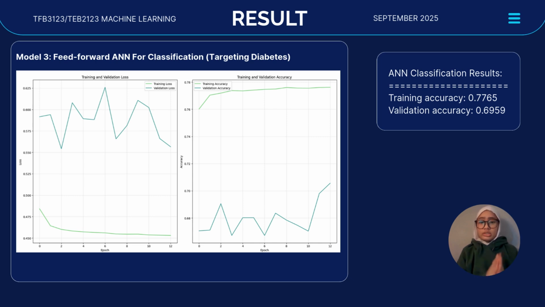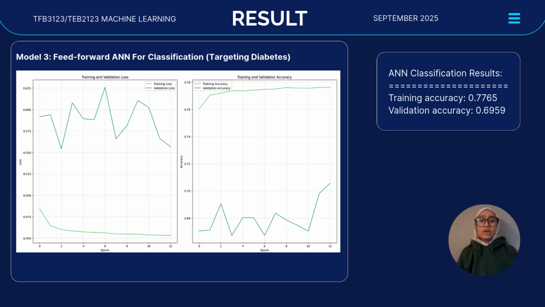Our third model was the artificial neural network model, which is a deep learning approach that we use here for diabetes classification. The ANN model, due to its complex nonlinear architecture, was highly effective at learning the training data, which achieves a training accuracy of nearly 77.65%.